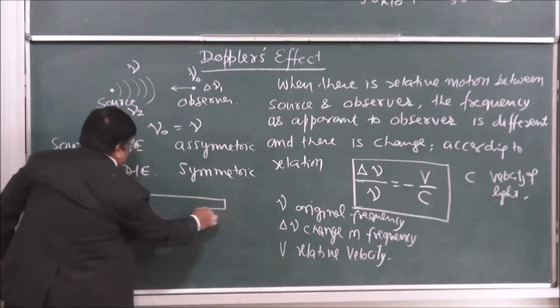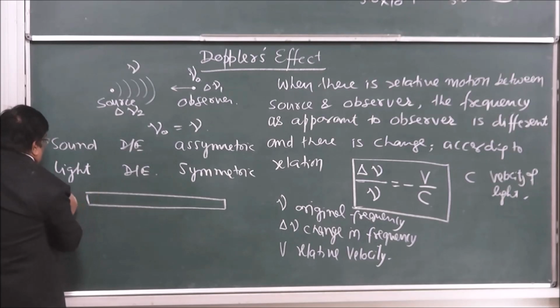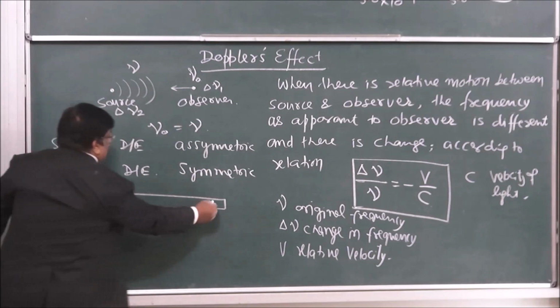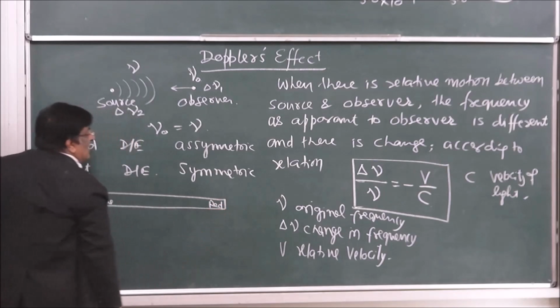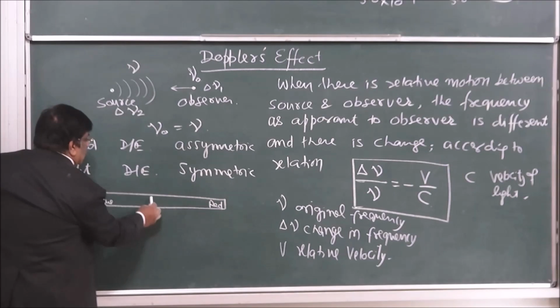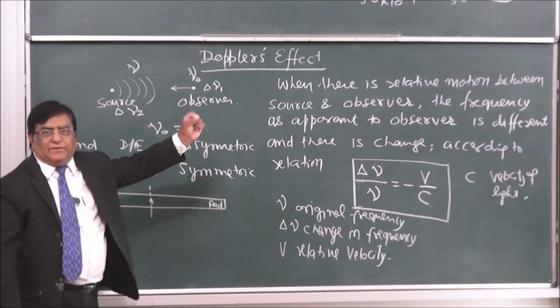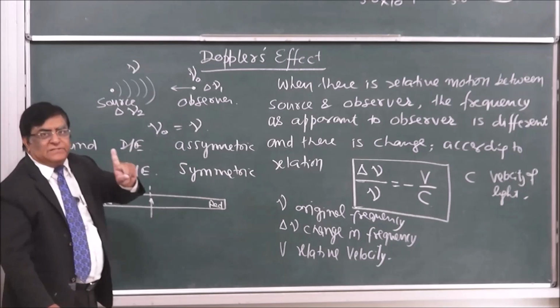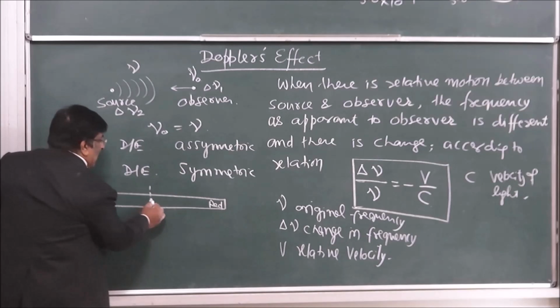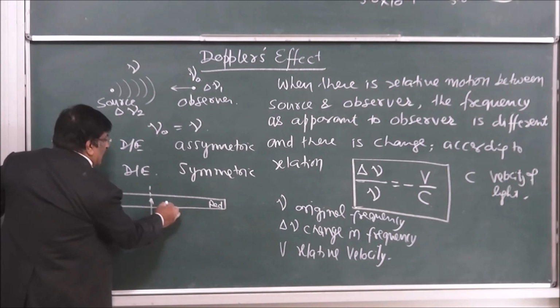Here is our frequency, and the highest frequency is violet, blue, and here it is red. There is a star which, if not moving, has a light corresponding to this frequency. But if I find the star is moving, then if the star is moving, I find that the light which is coming is showing me a spectrum here.